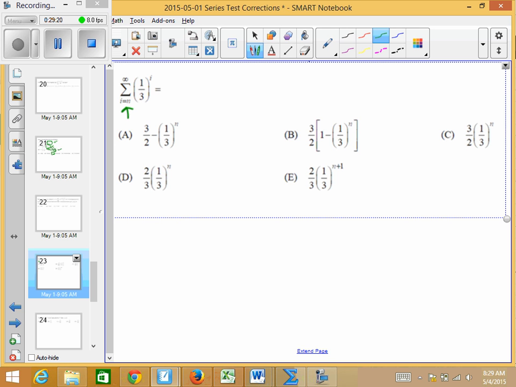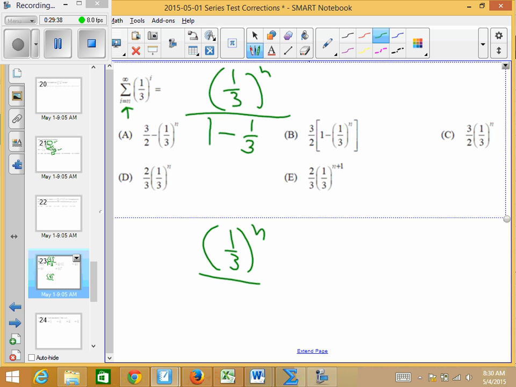So putting in 1 over 3 over 1 minus r. And if you look at that answer, it doesn't clean itself out right now. So doing a little simplifying, for instance, 1 minus 1/3 is 2/3. You don't know what to do with that bottom fraction.